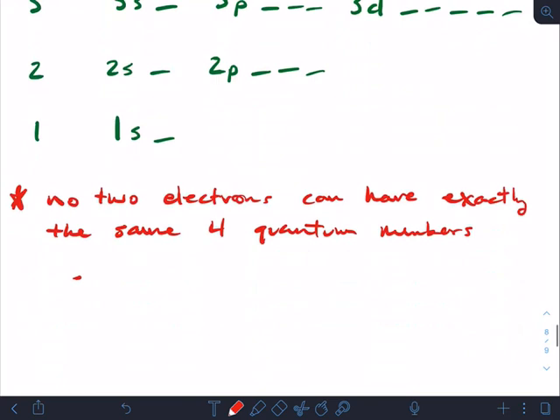The quantum numbers are kind of like an address. And this is called the Pauli exclusion principle.